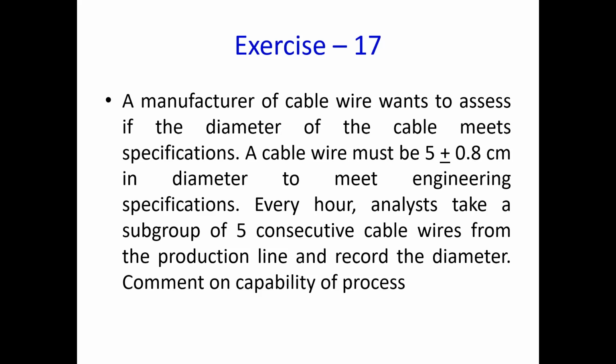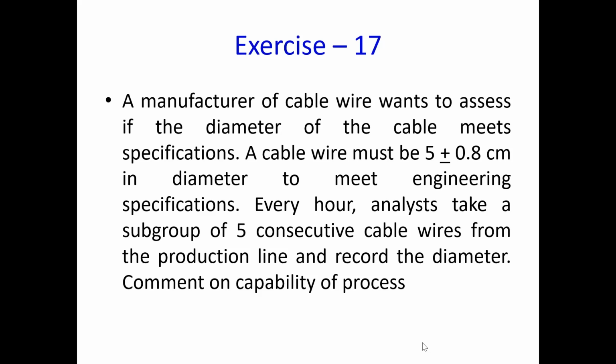Our objective here is to comment on the capability of the process by calculating CP, CPU, and CPL, and then calculate CPK. For both CP and CPK, if it is greater than 1.33, we would say that the process is capable of meeting the specifications.